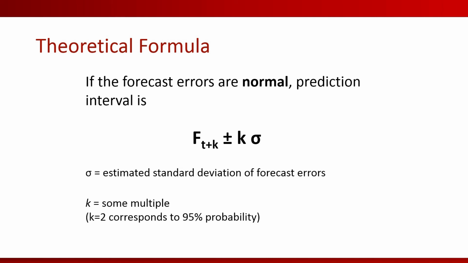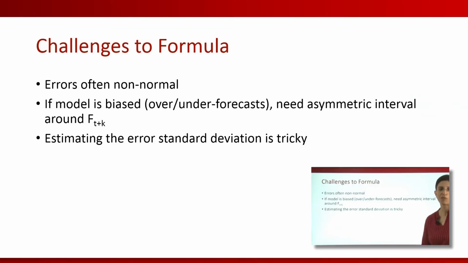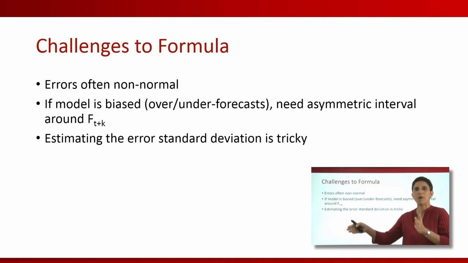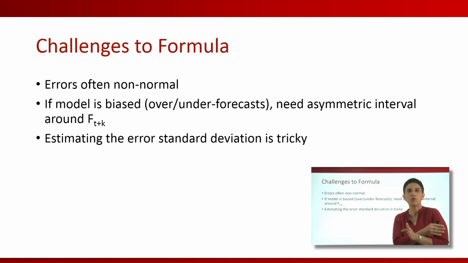This will work very nicely if indeed the errors follow a normal distribution. The problem with using this formula is that many times the errors that are generated by forecasting models are not normal. And if your models are biased in some way, then building a symmetrical prediction interval around your forecast, up by 2 standard deviations and down by 2 standard deviations, is not going to give you the right idea about the uncertainty. So that's one problem.